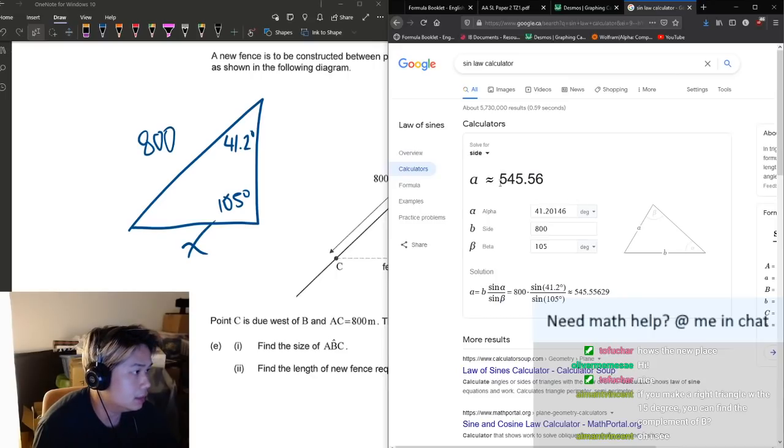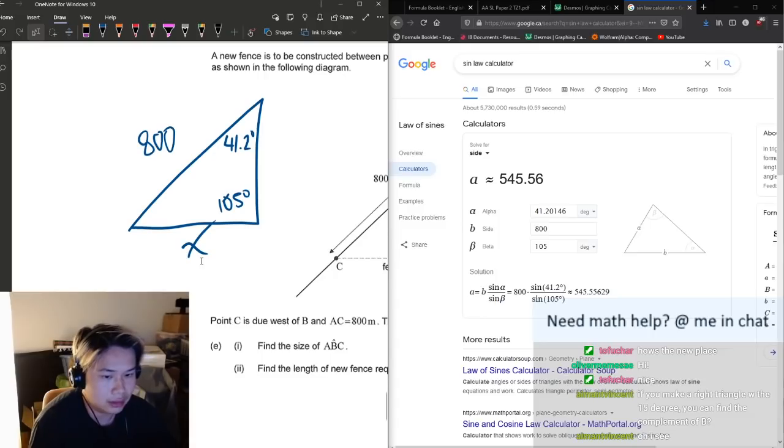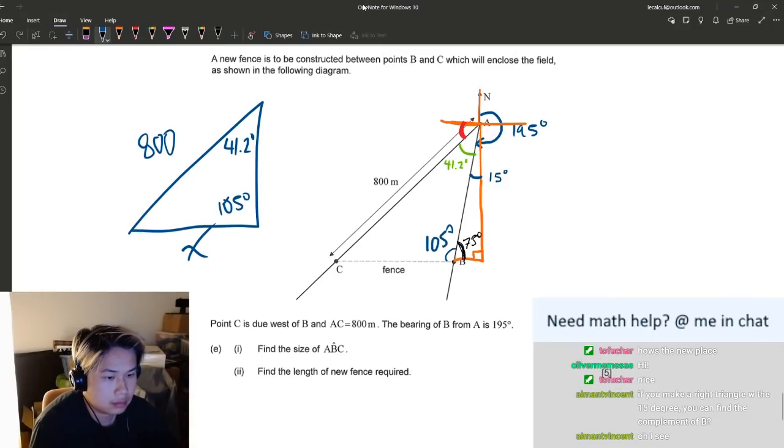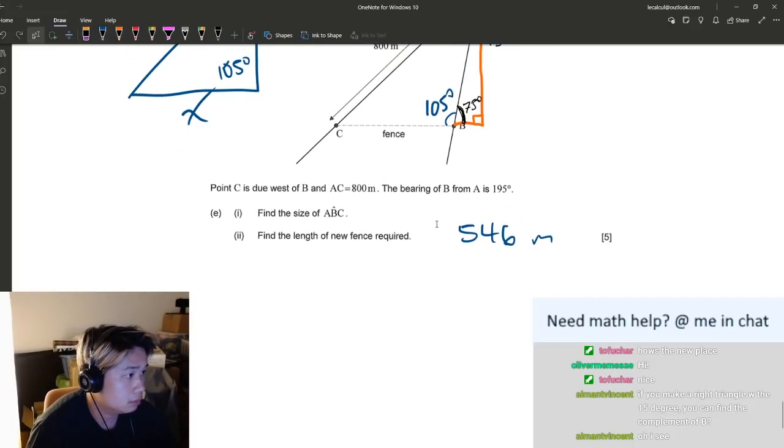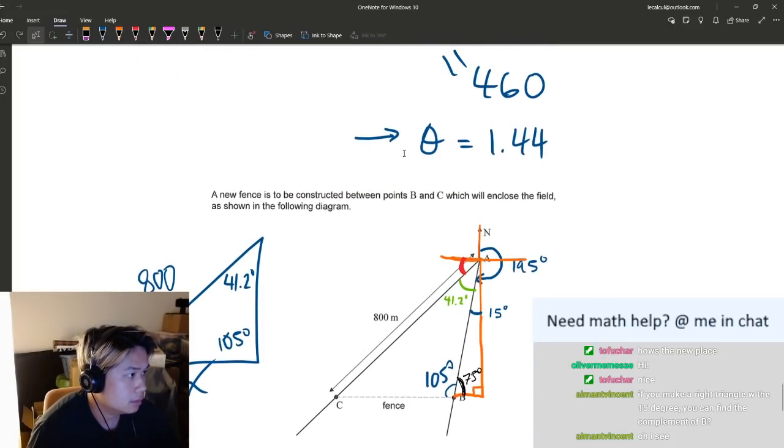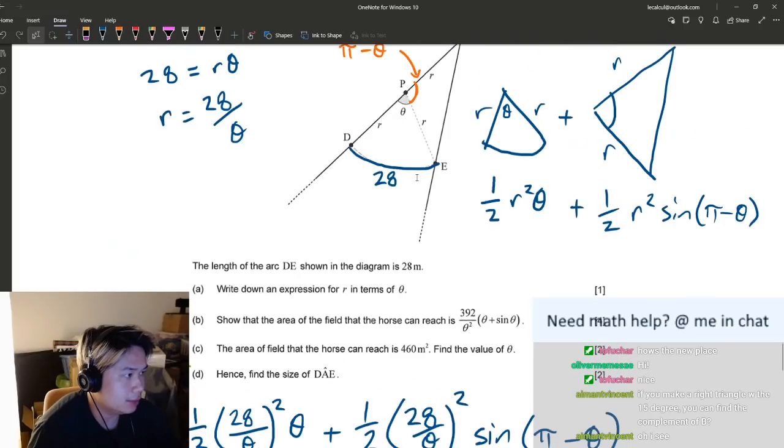So the fence needs to be 546 meters. Sure. I mean, I'm sure this is the process you want to go through.